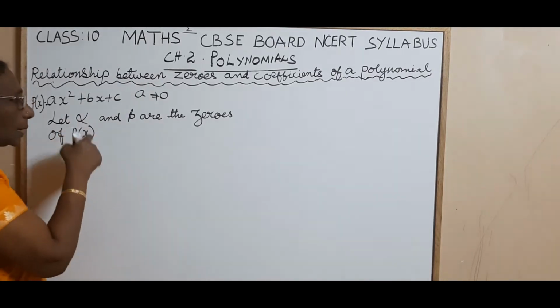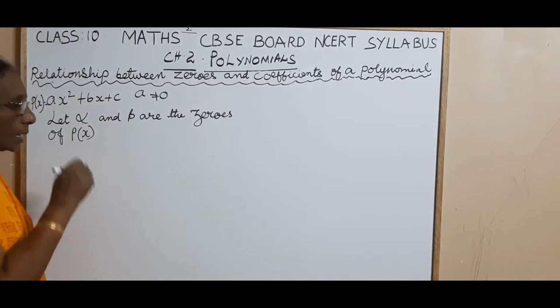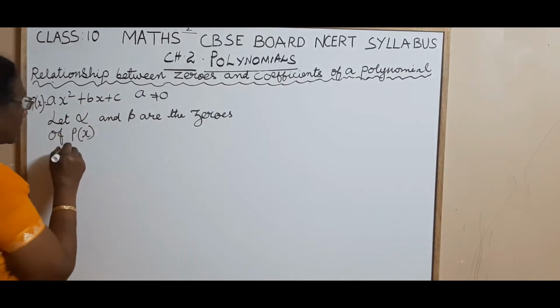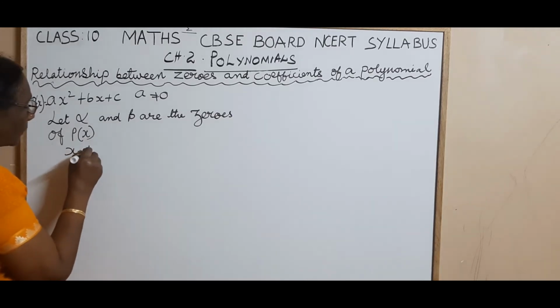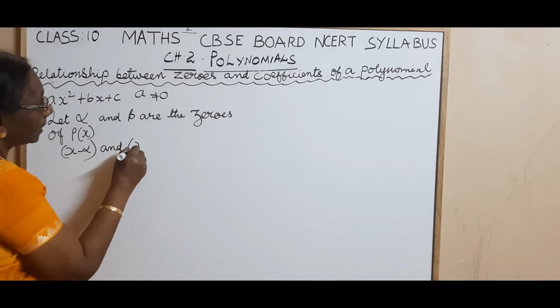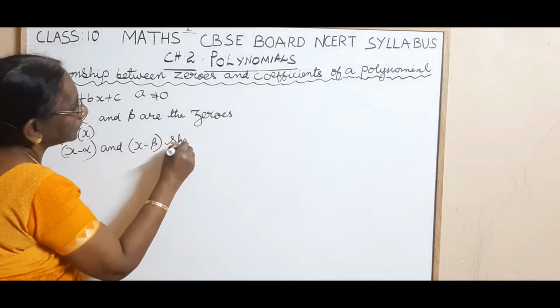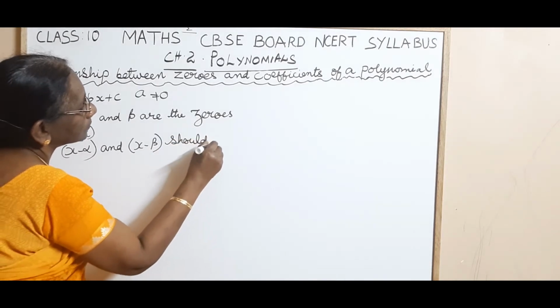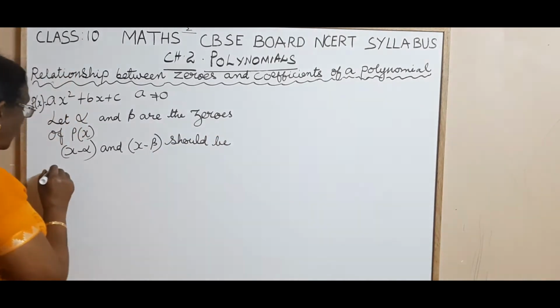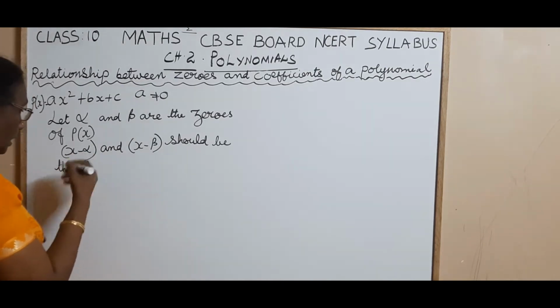Okay, so if alpha and beta are the zeros of this polynomial, then the linear polynomials x minus alpha and x minus beta should be the linear factors of p of x.